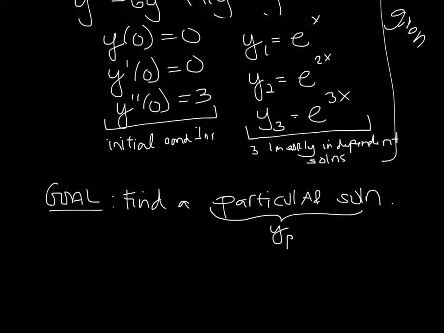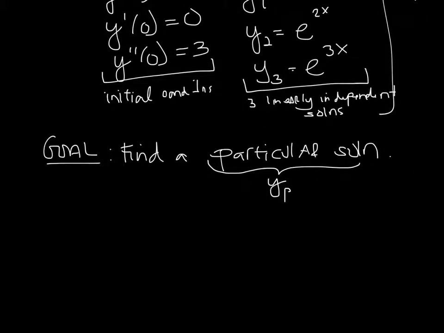In order to find this particular solution, y sub p, we need to find the general solution, and we've been doing that a lot in section 2.1. But the nice thing about this problem is the three linearly independent solutions are already given, so you don't have to find them. We already know the specific form that it has.